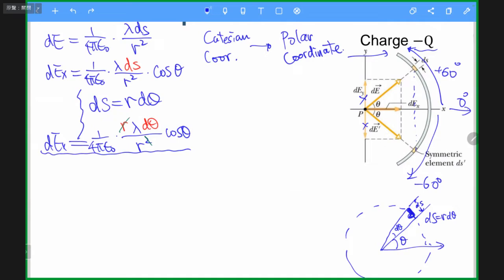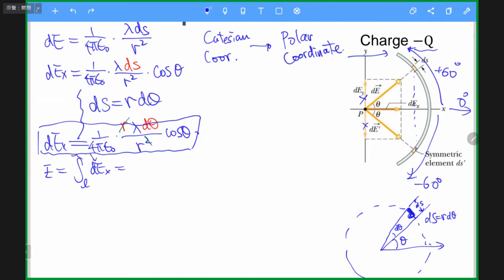Next, we can try to calculate the total E field generated by the whole rod from this small E field. The total E will be the integration of dEx over the whole rod. So we plug in this one here.